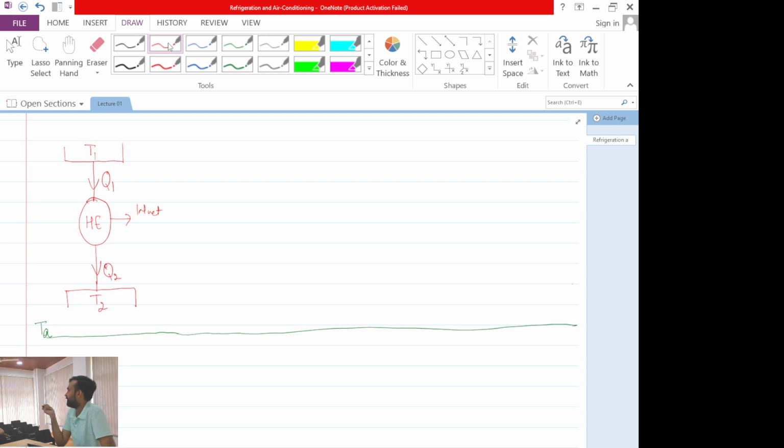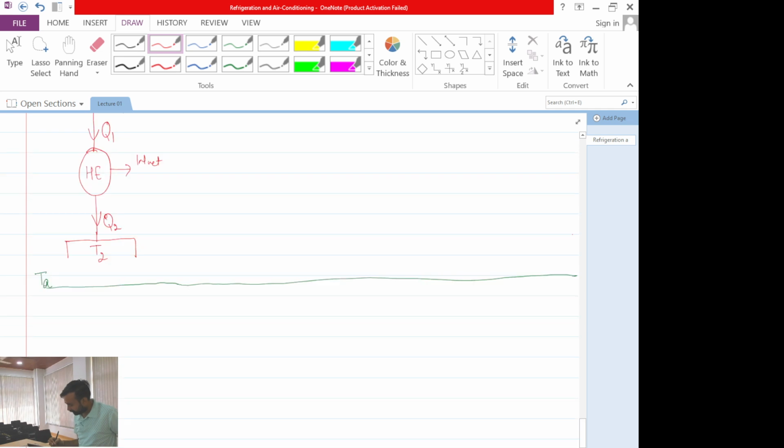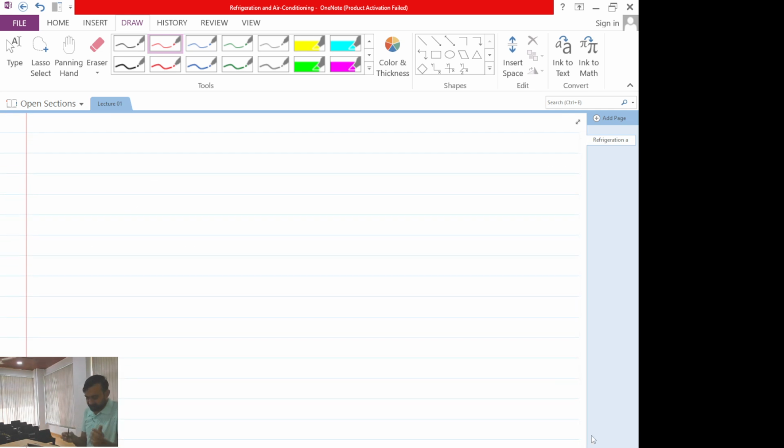So do you have an idea about this or shall I explain it? Because this will be required. So shall I explain it? Okay. For example, let us understand this with the help of a very simple example. Say I have a pan, and in this pan I have water at 25 degrees Celsius.